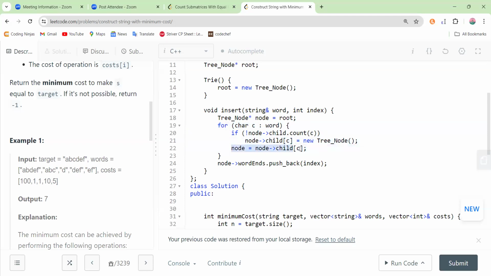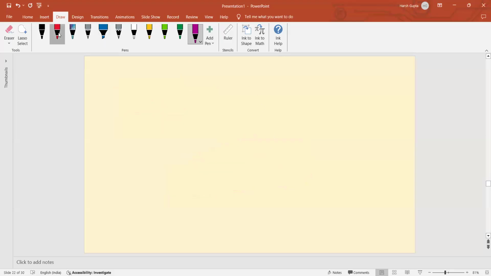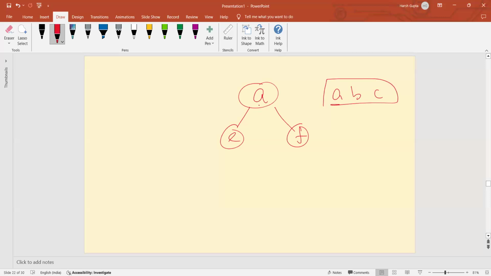Otherwise we just shift our node. Let's suppose we are currently at A and we want to insert the word ABC. If we have characters E and F over here, but we don't have character B, then for inserting this particular word, we have to make a new node for B, isn't it?